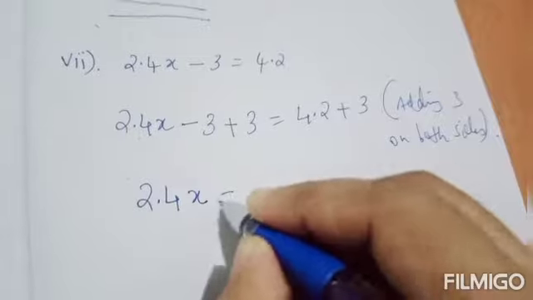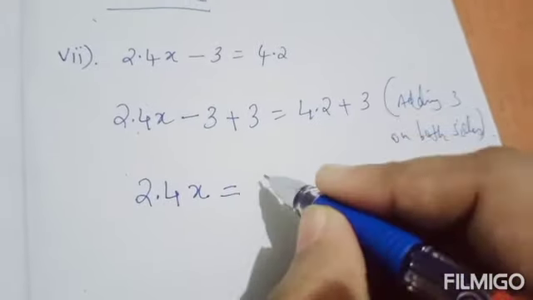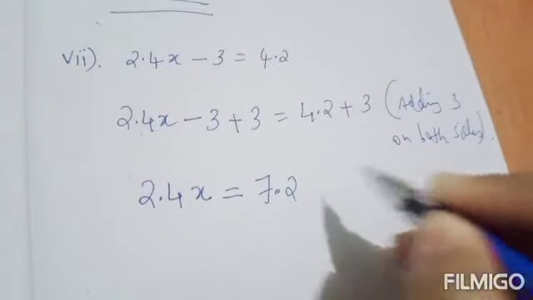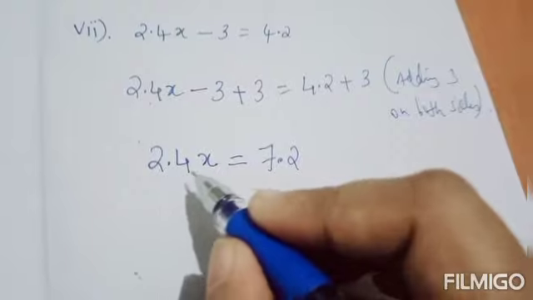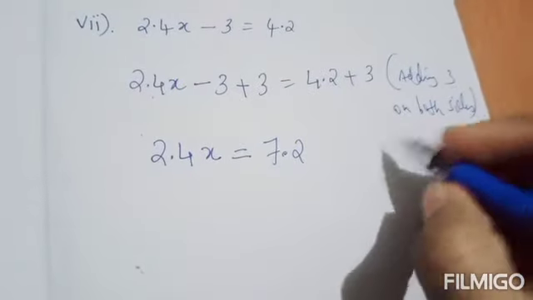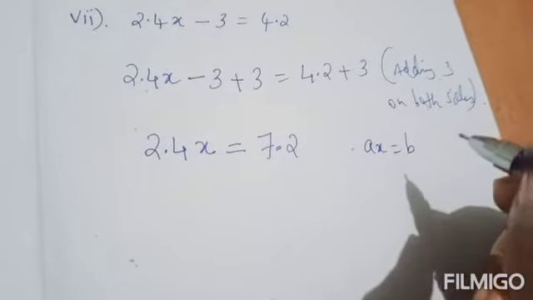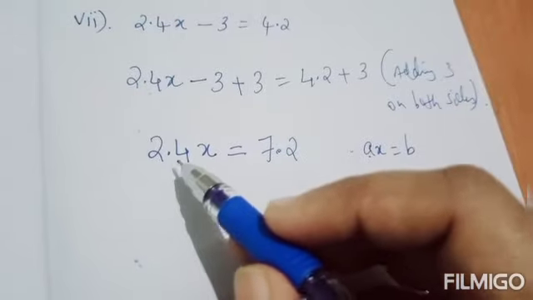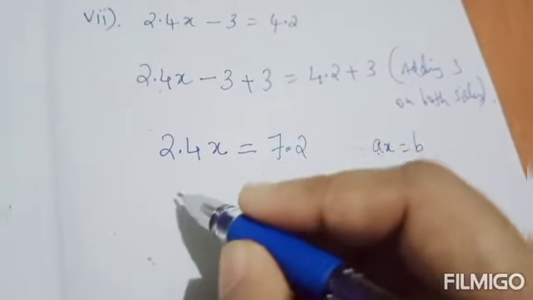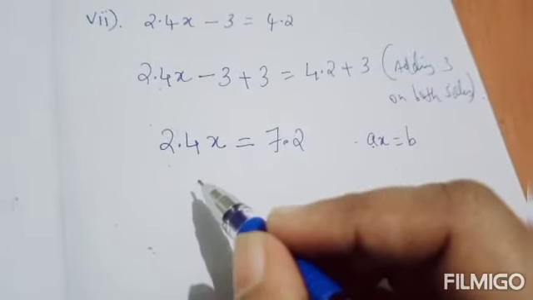Equal to 4.2 plus 3, it is 7.2. Now 2.4x equal to 7.2 is of the form ax equal to b, where a equal to 2.4. So divide both sides of the equation by 2.4.